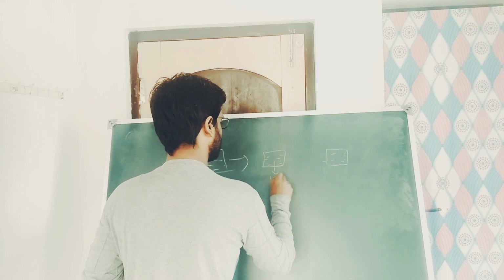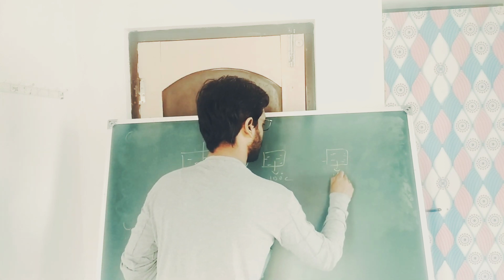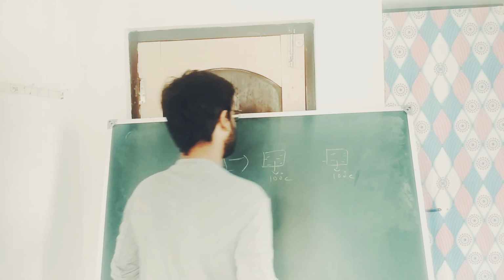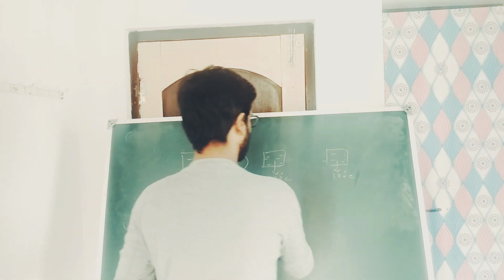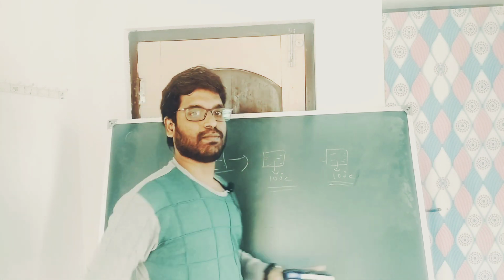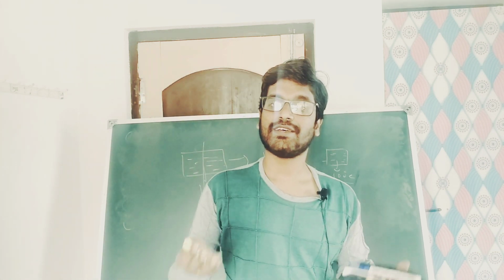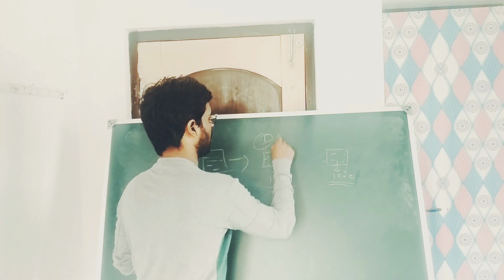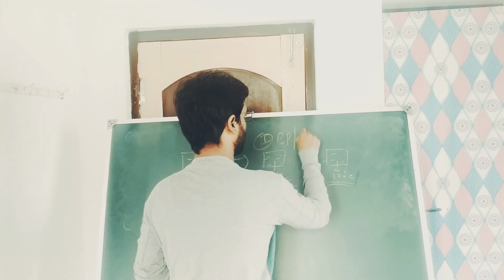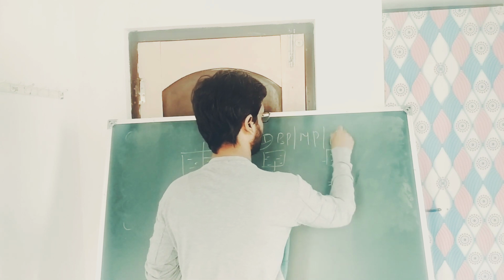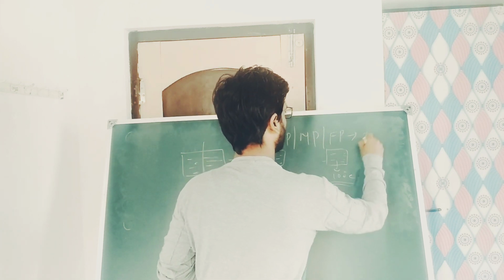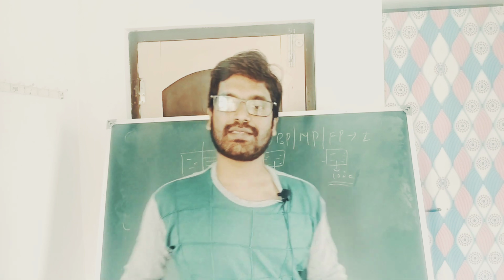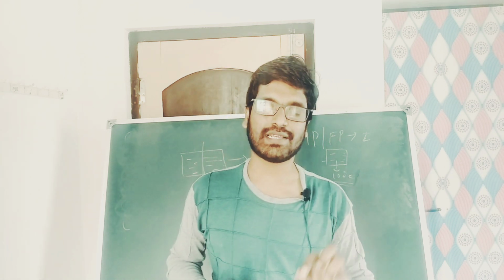Here also it is a 100 degrees Celsius boiling point, and here also 100 degrees Celsius, right? So on dividing the system, the property has not changed. So it is an intensive property. So boiling point, melting point, or freezing point, these are intensive properties. So these are the examples of intensive and extensive.